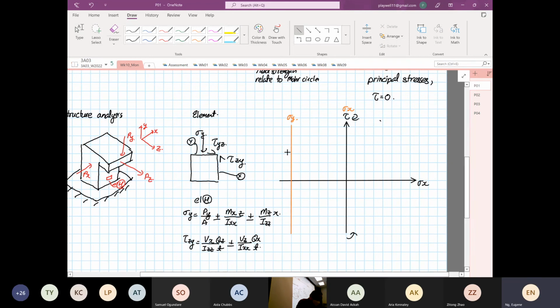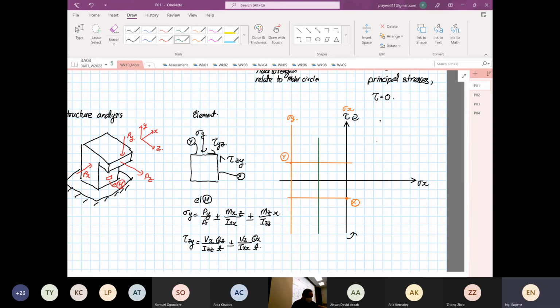So then we have our shear. Then we know that point X is going anti-clockwise rotation. So this is X and this is Y, and then we know that this is our stress average.